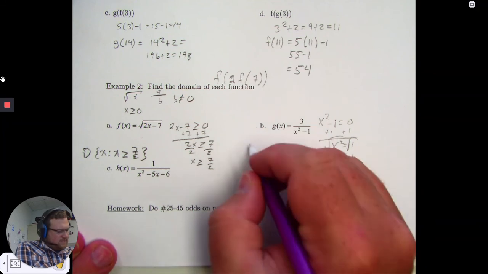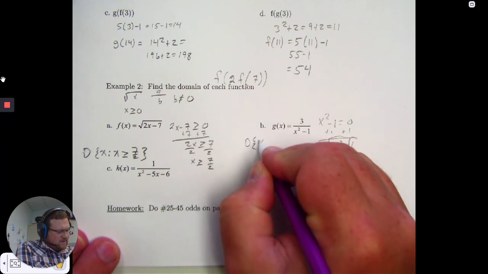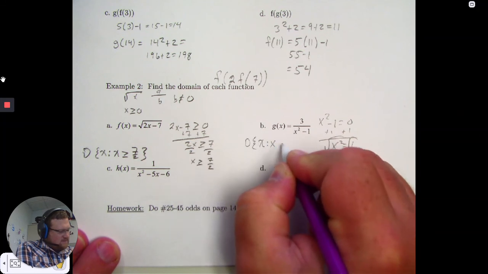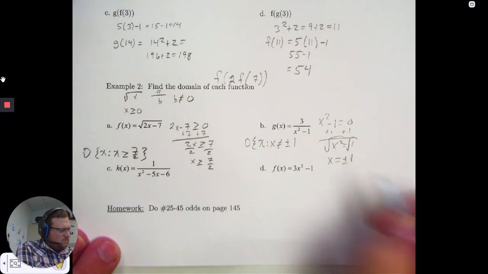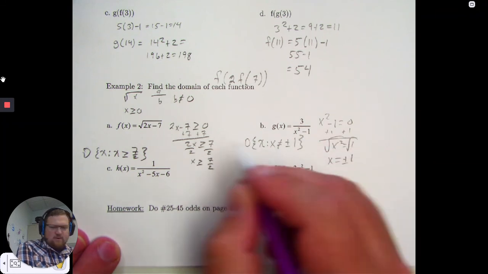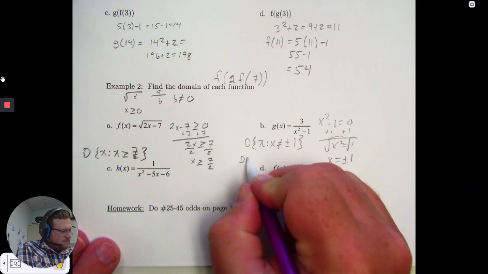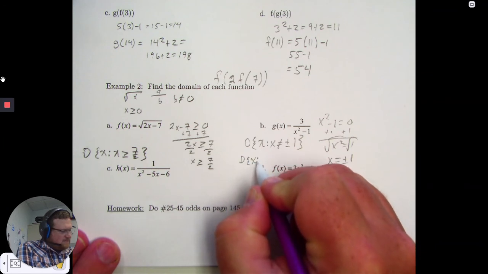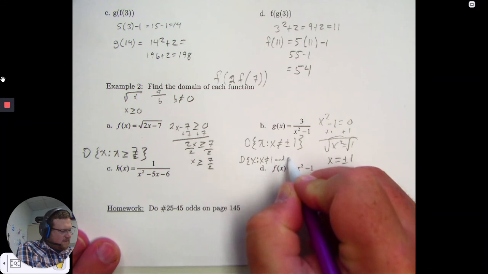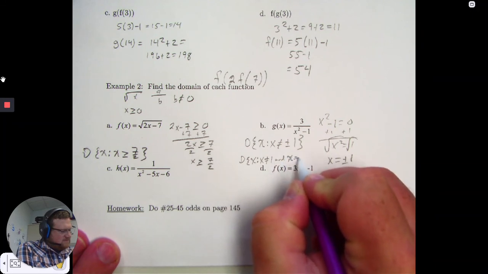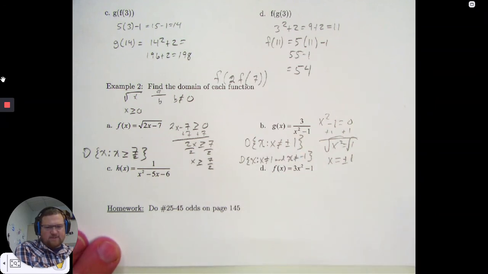So when we write this out, this is our domain, for x such that x does not equal plus or minus 1. Now, it would be perfectly mathematically correct and acceptable if you wrote it as x such that x does not equal 1 and x does not equal negative 1. Either one of those is a perfectly acceptable answer.